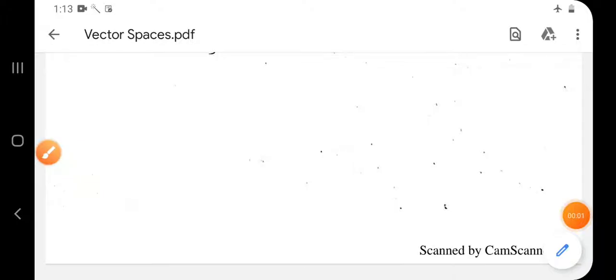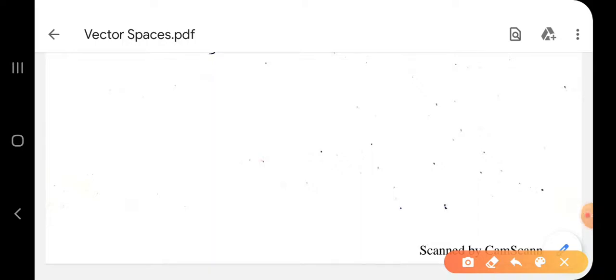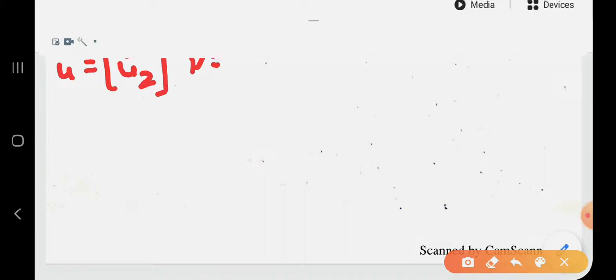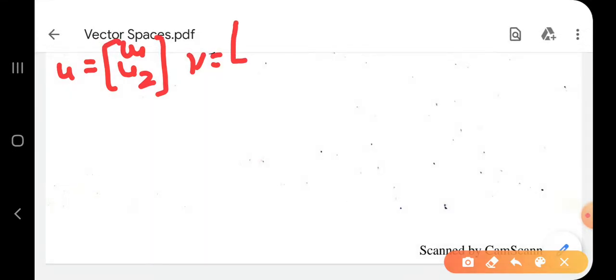Hello everyone, and let us solve one example on inner product of a vector space. If I take a simple example, u and v, two vectors. u is (u1, u2), this is one vector, and v is equal to (v1, v2).